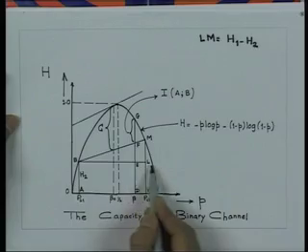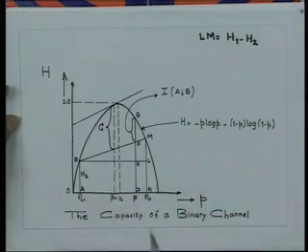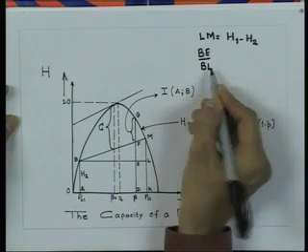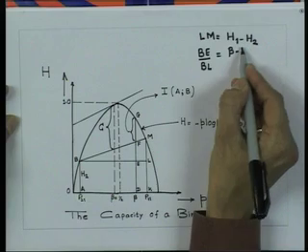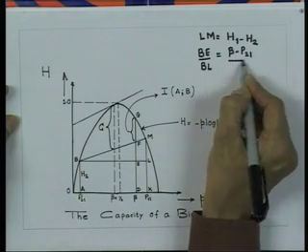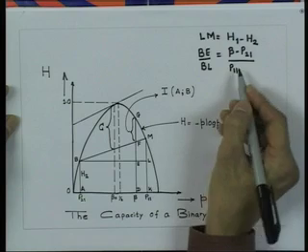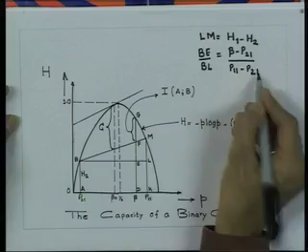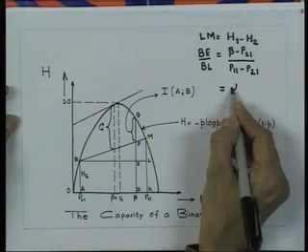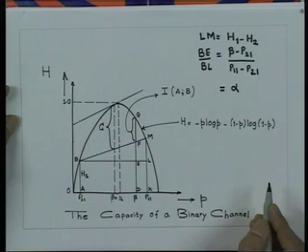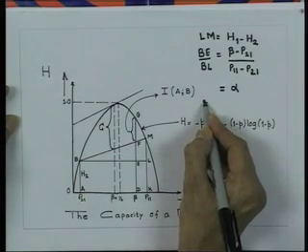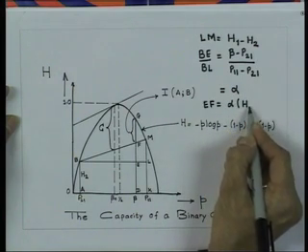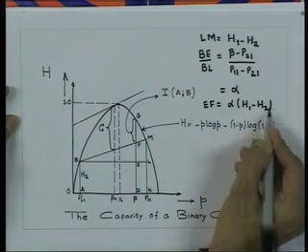Now, BE upon BL from this figure is clearly equal to beta minus p21 upon p11 minus p21, which is equal to alpha. Hence, EF is equal to alpha times (H1 - H2).